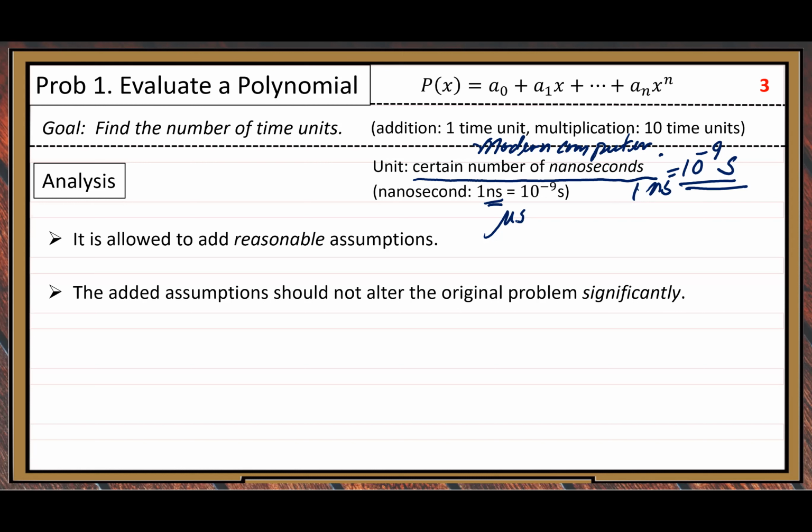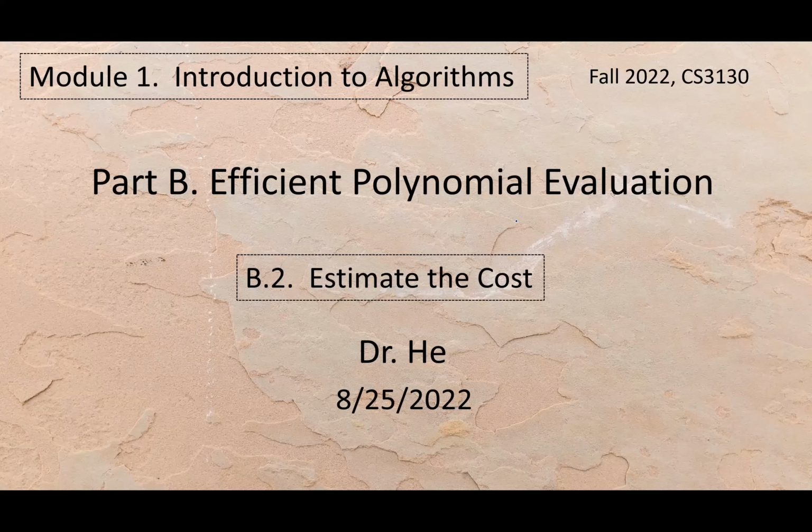But with the current assumptions, you can see the difficulty of the problem is almost the same. So we do not alter it. The advantage of that assumption is that it simplifies the setting without changing the difficulty. That's the reason we take that assumption.